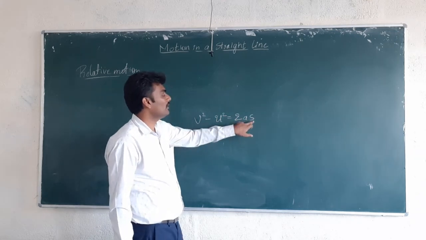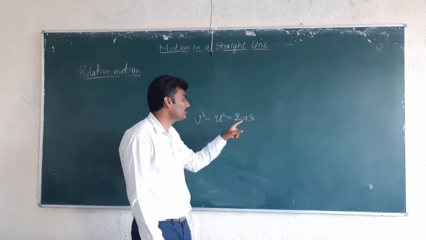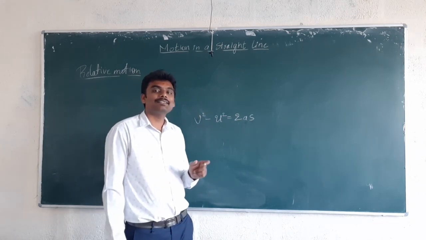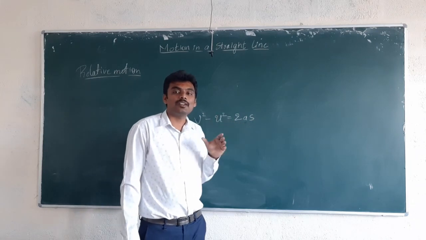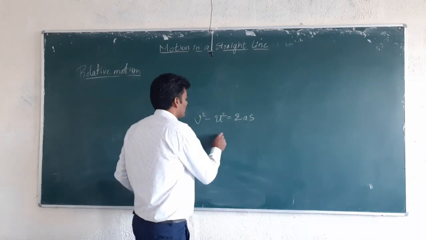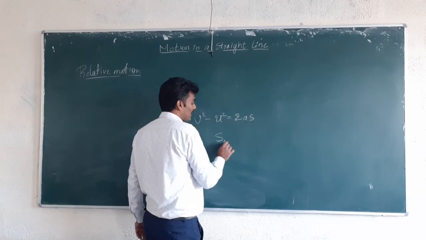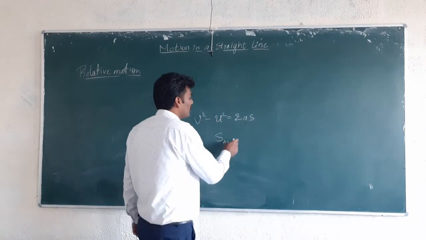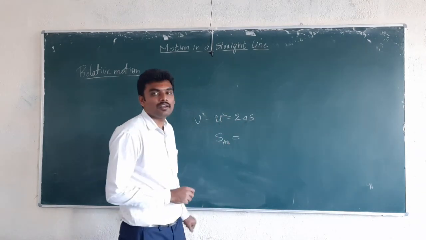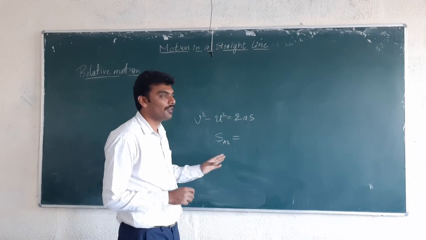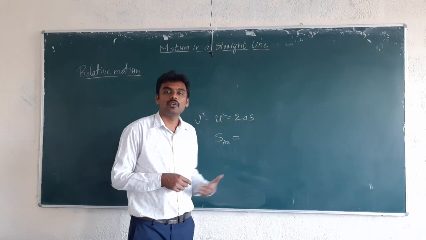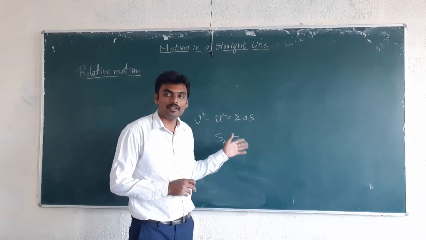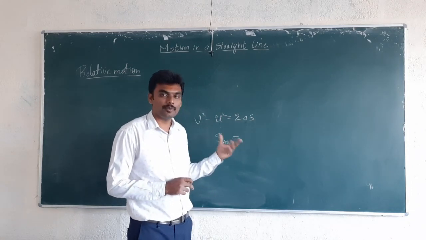Okay, and then, when it comes to the term S, it is the displacement, relative displacement. Keep it in mind, this is displacement itself, SAB. When I write S for the relative term, it becomes SAB. What is this SAB? I am giving you the formula for SAB, relative displacement.